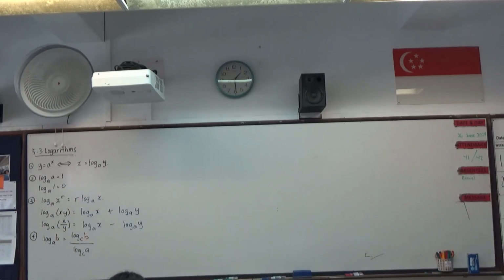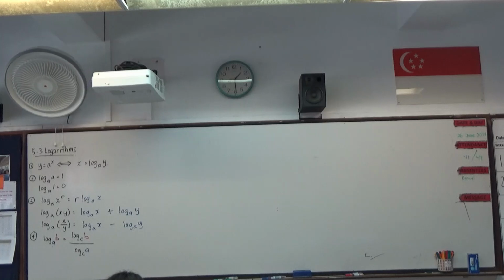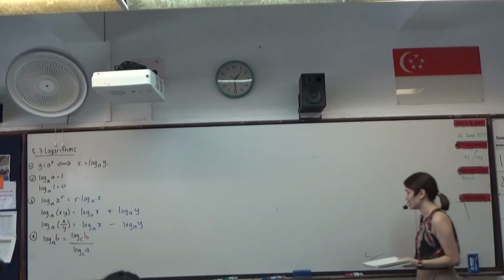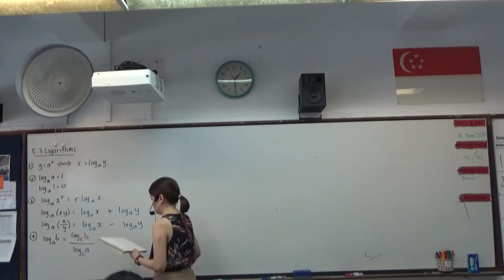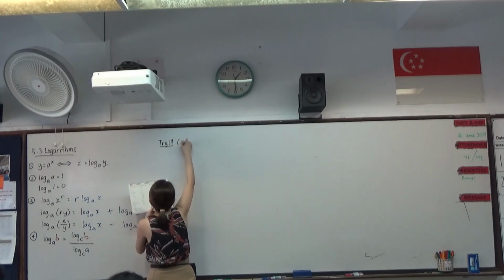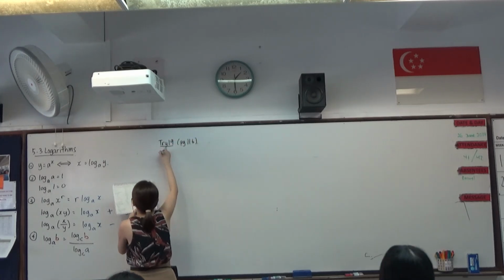Okay. Yesterday, I ended off at, hang on, try 19 part A. So I want to finish up try 19 part B before going into learning how to solve equations.